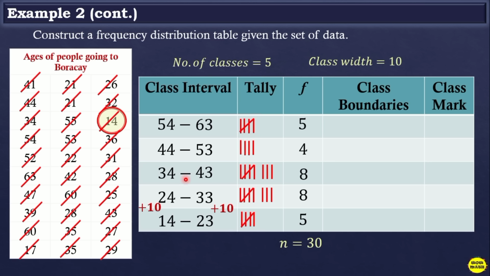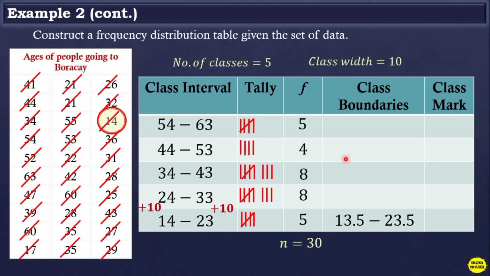So, find the class boundary. So, minus 0.5, 0.5. So, kunin muna natin dito. This is 13.5 to 23.5. So, ito po yung ating lower class boundary. This is your upper class boundary. And then, add lang po tayo. Pwede nyo gamitin yung class width. So, add po tayo ng 10, 10 dyan. Pati po dito.